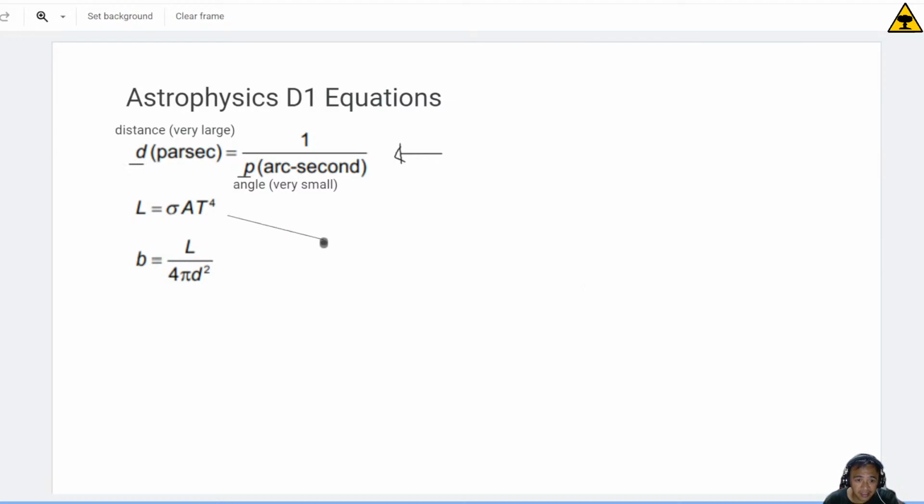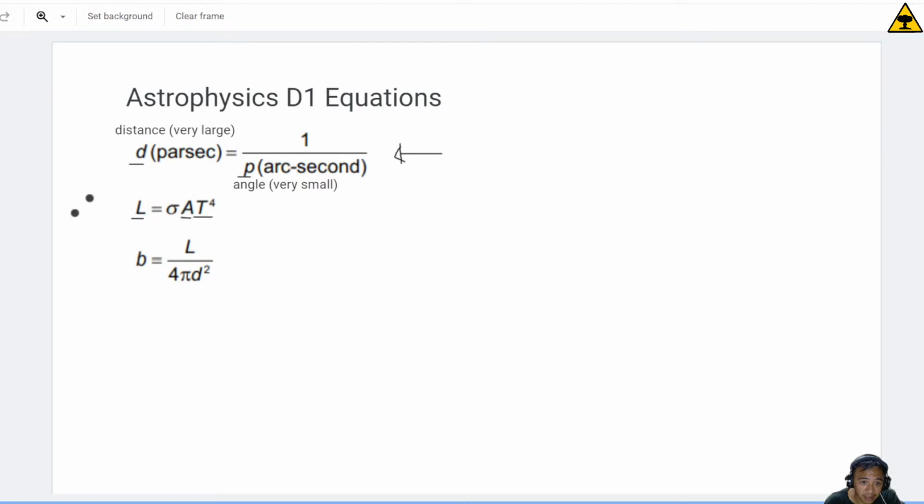Okay, the second equation here. If you haven't done Topic 8 yet, you wouldn't understand what this equation means. I'm just going to label these first, what the symbols mean.